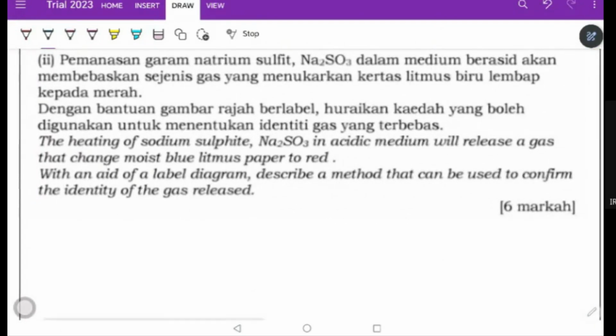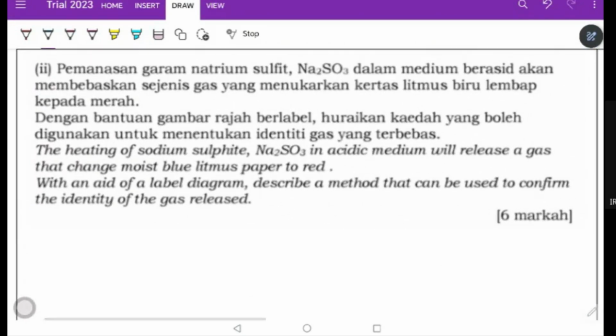Now here. The heating of sodium sulfite in acidic medium releases a gas that changes the blue litmus paper to red. This one is 4B, we haven't entered, but never mind. Describe the method that can be used to identify the gas released. It changes the moist blue litmus paper to red.